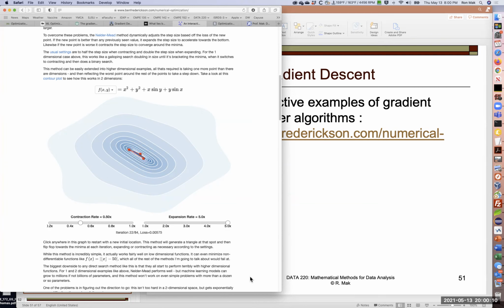So you can see it oscillates around the maximum point. And if you put this back down to 2, and if you make the contraction rate too small, then it may take forever to get there, because let's see. Maybe it goes the other way.